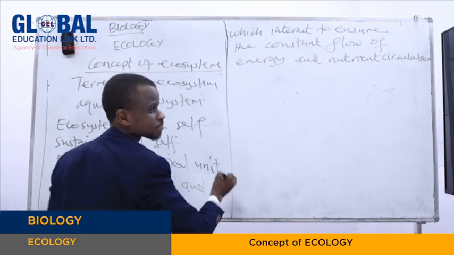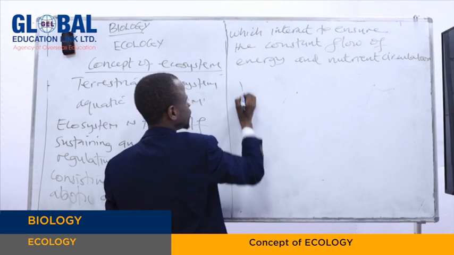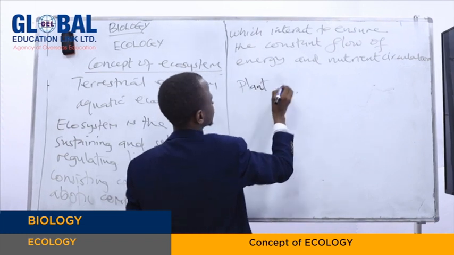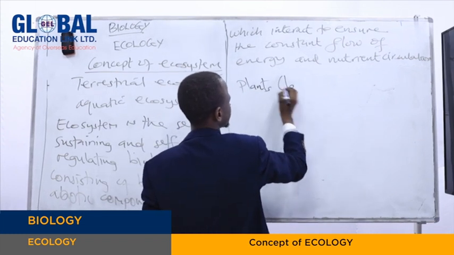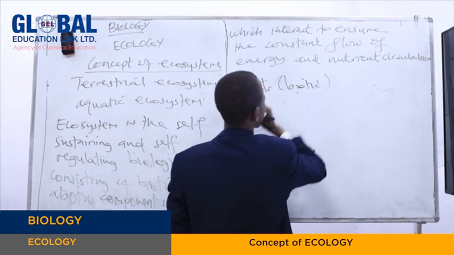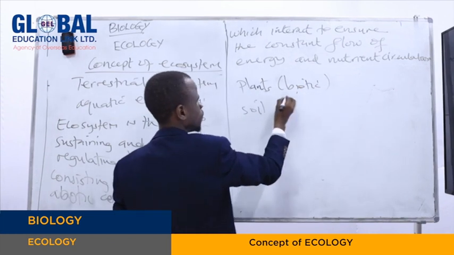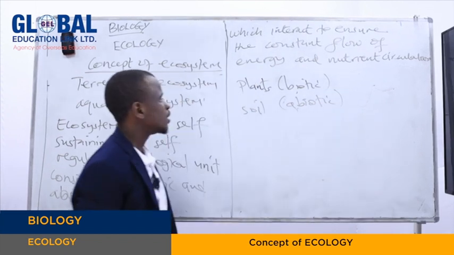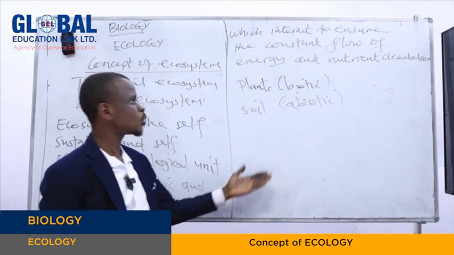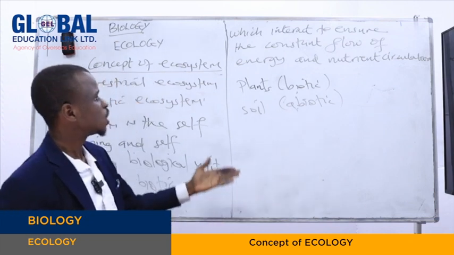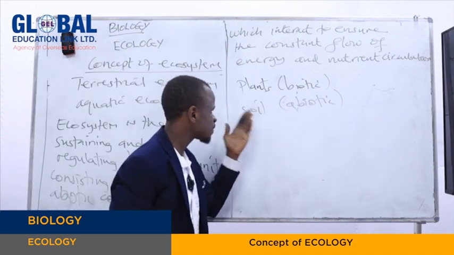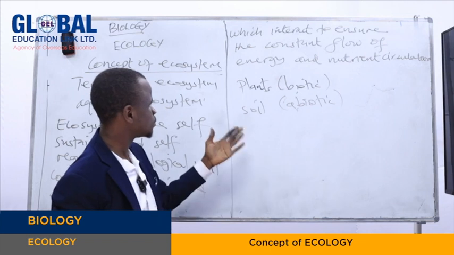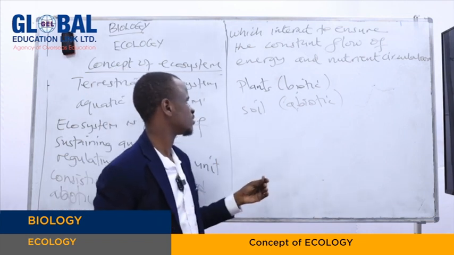My student, plants, for example, are biotic, and the soil is abiotic. Soil and the plant always interact to ensure nutrient circulation and energy flow. A plant absorbs water from the soil.